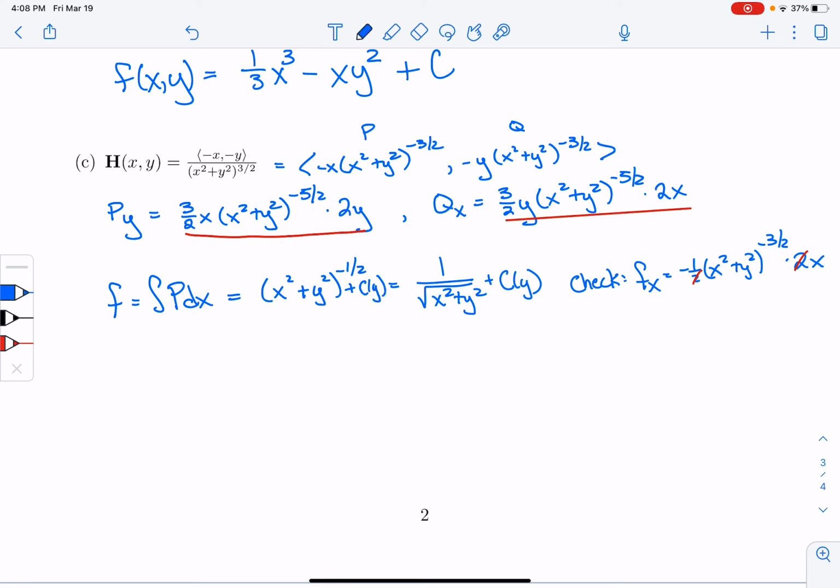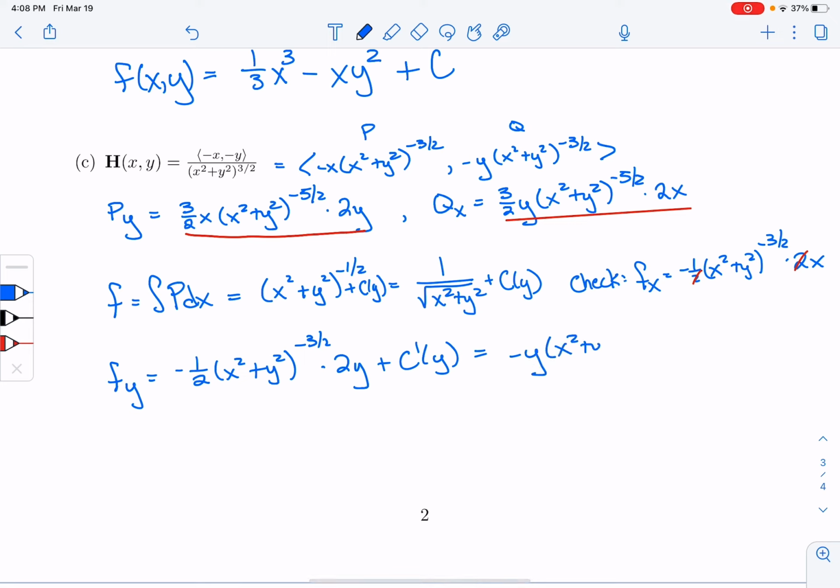Now I'm going to take the derivative of that function f with respect to y. I'm going to get negative 1/2 times x squared plus y squared to the negative 3/2 times 2y plus c prime of y. And I'm going to set that equal to q. Q in this case is minus y times x squared plus y squared to the minus 3/2.